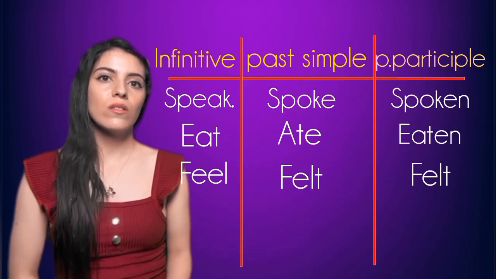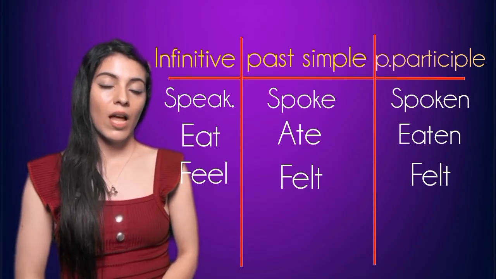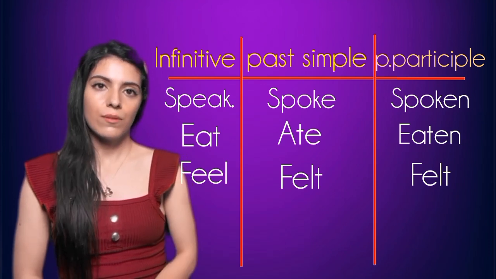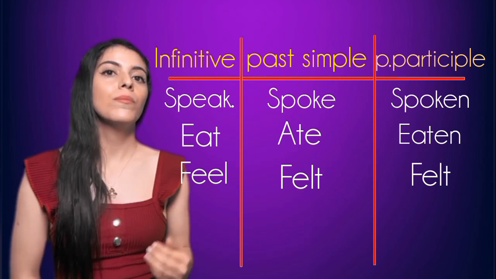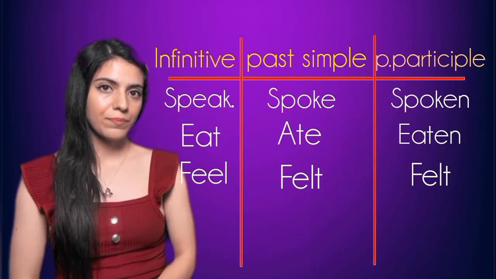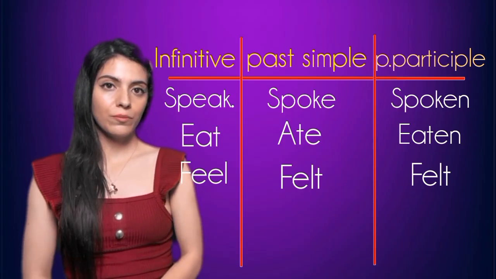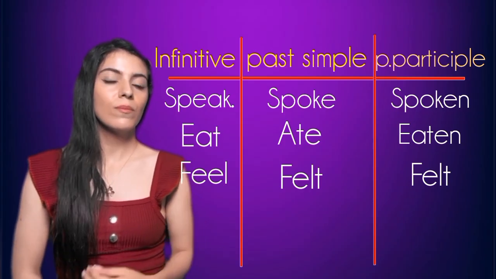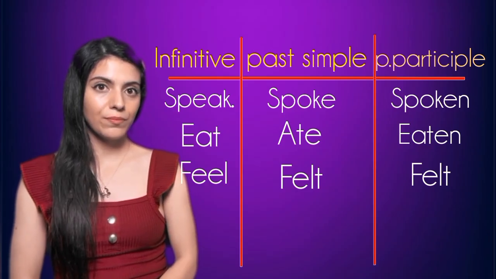The past simple is spoke, and the past participle is spoken. The same is with the verb eat: eat, past simple, ate, past participle, eaten. The verb feel, past simple, felt, past participle, felt.